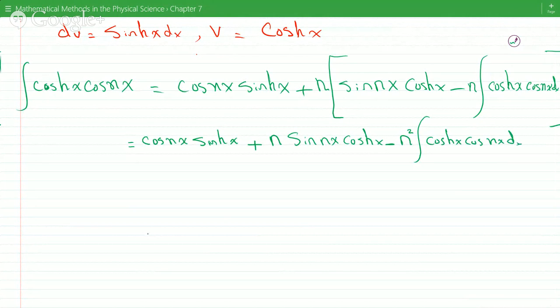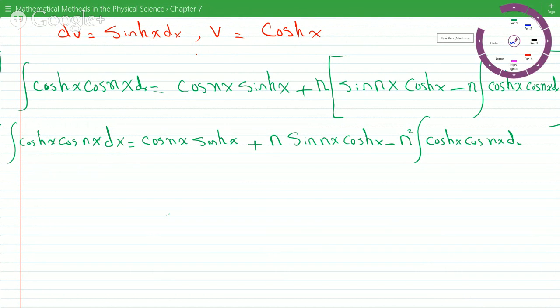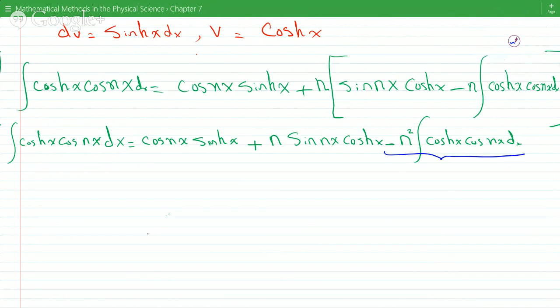And this is equal to the integral of cosine hyperbolic x cosine nx dx. And now you can see that I can move this backwards to the left, and this is the same thing as this guy.